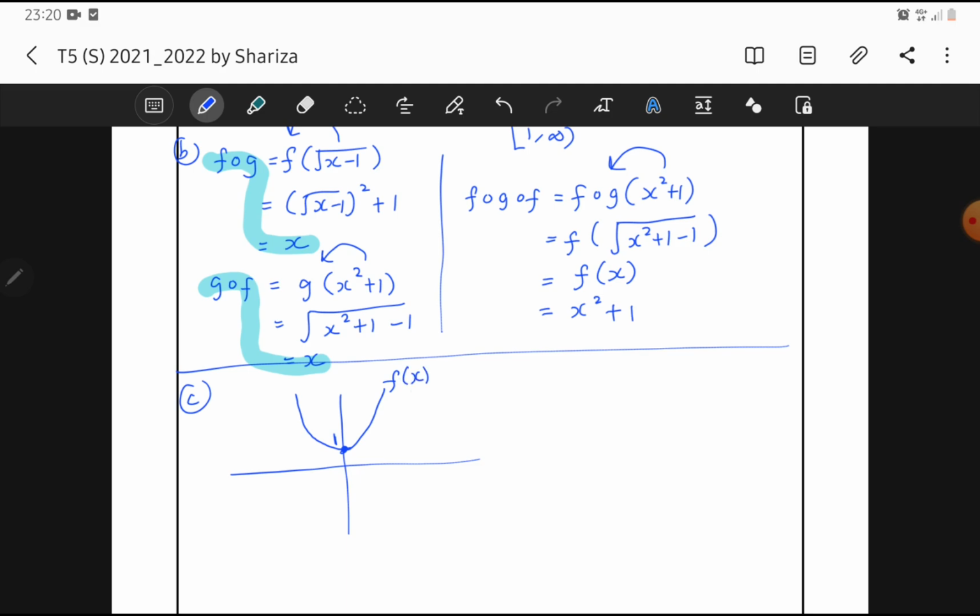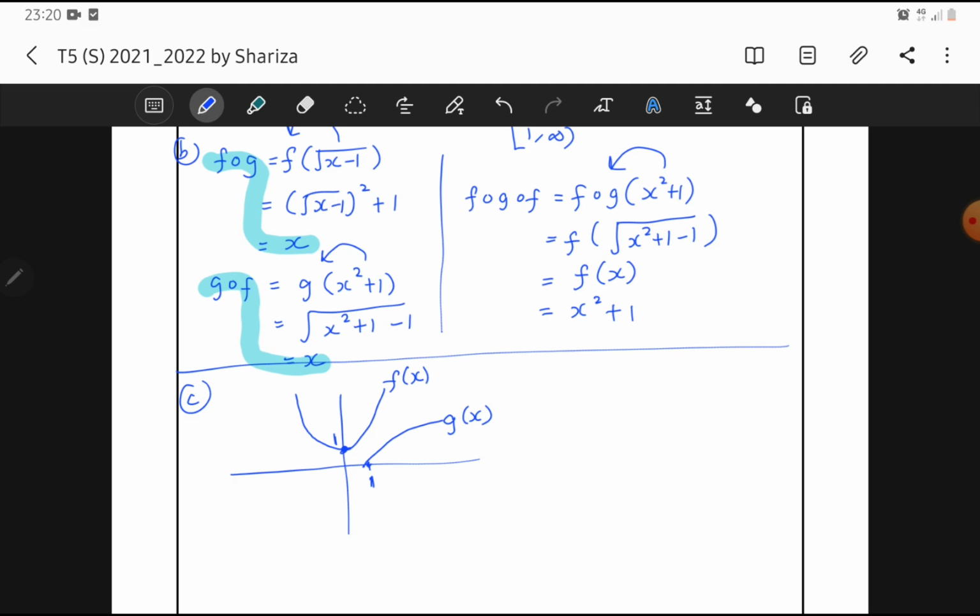Now, for square root (x minus 1), if you refer the domain, the domain starts from 1 to the right. Maksudnya ni 1. Dia start kat sini dan ke kanan. Jadi, bentuk dia macam mana? Macam ni. This is your g(x).